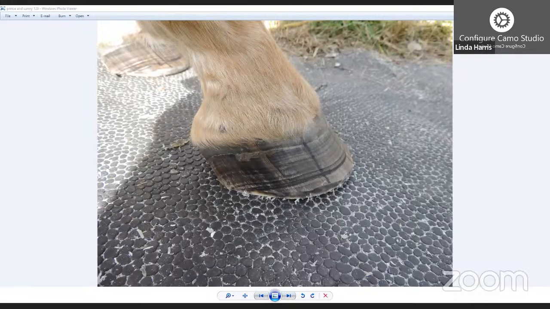Oh, God, time to do some more picture organizing. I might not be able to find it. My pictures are just a mess. I can't find it. I posted it on the group.